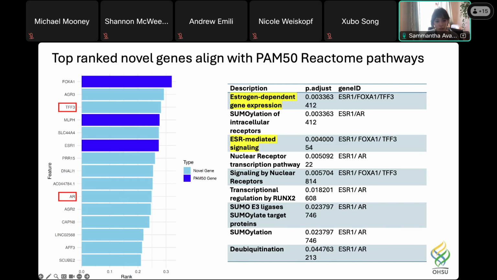And so if we look at our table, we can see that novel genes, TFF3 as well as AR, were enriched in PAM50 pathways. And so this included estrogen-dependent gene expression, stimulation of intracellular receptors, as well as ESR-mediated signaling. Interestingly, 2 of our 3 pathways were estrogen-related.